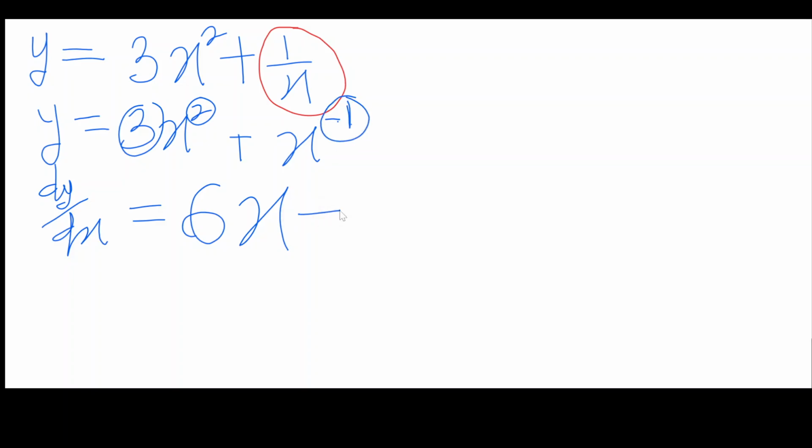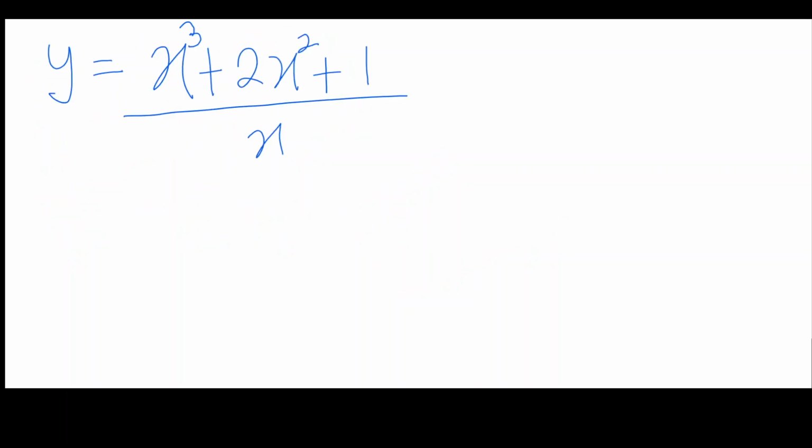It's going to be minus x to the power of minus 1, then minus 1. And we already know that minus 1 minus 1, that's negative 2. So all I just need to write is negative 2. And this is the final answer to this. Now let's progress into the next example that I have here.